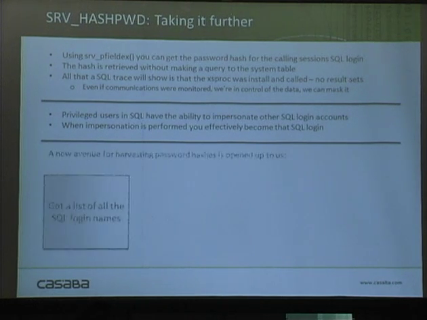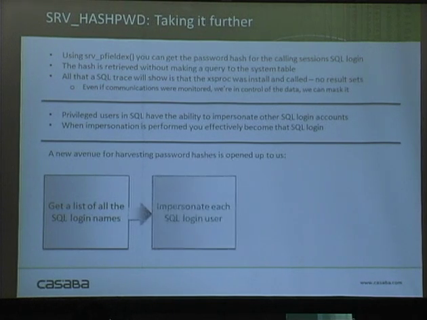So keeping that in mind, we can get a list of all the SQL names from the SQL Server. You query the user table. You don't have to query for the hash right there. You can pull the SQL logins, or you can look at who's logged in. You can look at PID owners. There are different ways to correlate what the SQL login accounts are.